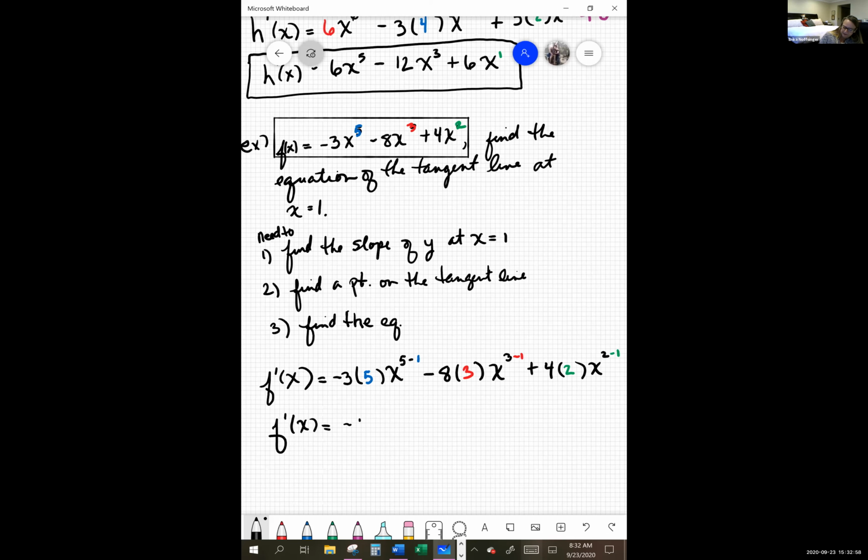So this gives us negative 15x to the 4th power, minus 8 times 3 is 24x squared, plus 4 times 2 is 8x to the 1st.